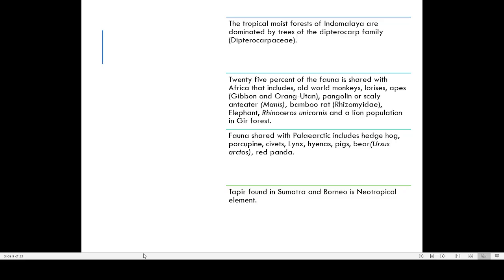Then 25% of the fauna is shared with Africa. I told you why Africa and India have a connection. Because in the last class I think I showed you what is known as continental plate tectonics.